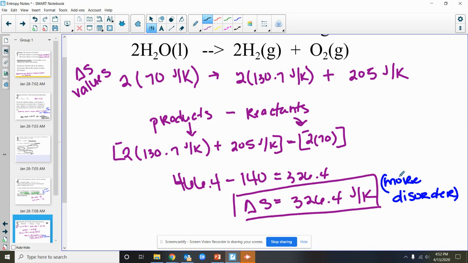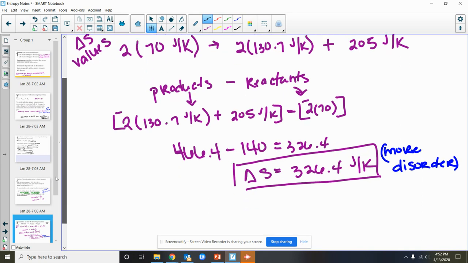It's positive, so there's more disorder, which makes sense because I'm going from a liquid to a gas. I'm creating more disorder because those phases are going from somewhat ordered to not ordered at all. So it makes sense that my entropy is increasing here. You wouldn't be able to do that without these values, so you would have to have them in order to plug this in.